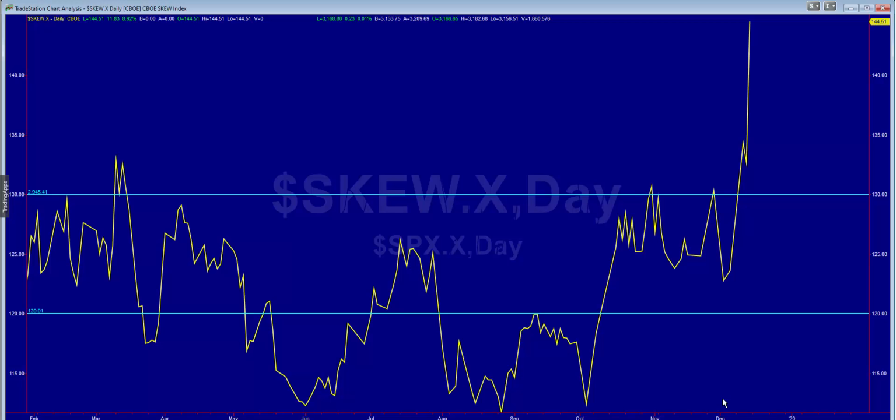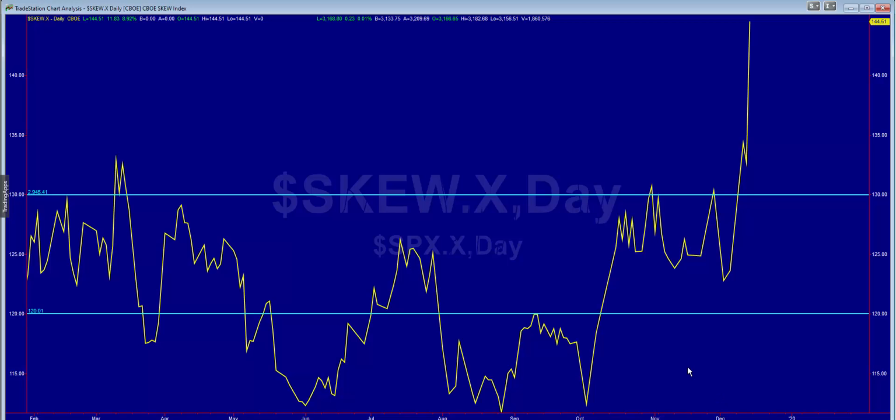You would expect people to be very, very bullish and to be buying calls, selling puts, hand over fist. When the market is very, very high, and it's the reverse, they're selling calls and buying puts, the skew does what it's doing today, and it shoots up.